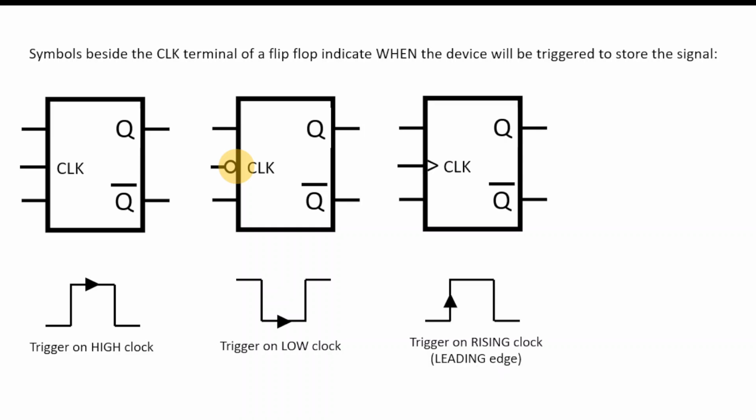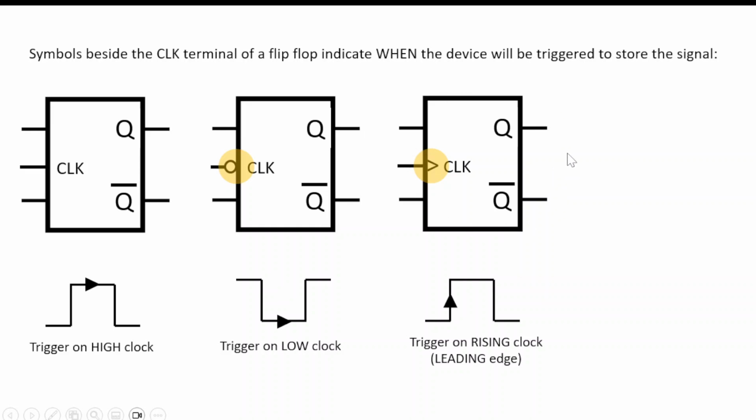On this one, we can see the clock signal has a little triangle beside it. What this means is that the clock will only actuate or set the bit when it is on a rising or leading edge. When we're going from 0 to 1, that's when this flip-flop will store the bit.